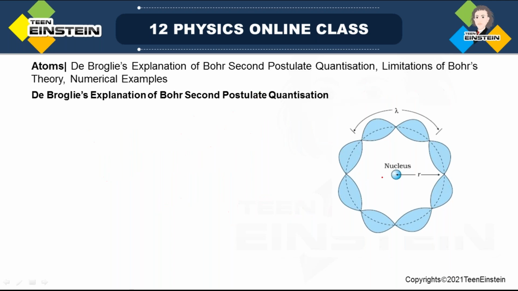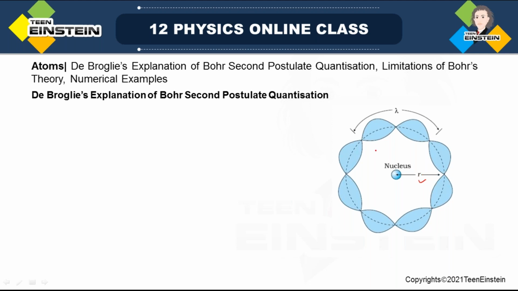Now let us take a simple case. Suppose an electron is moving in a circular orbit of radius r, as you see from this figure. So the electron is orbiting around the nucleus in a circular orbit of radius small r.